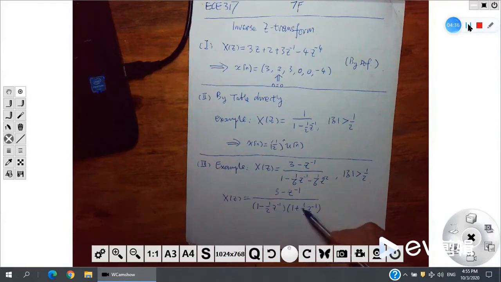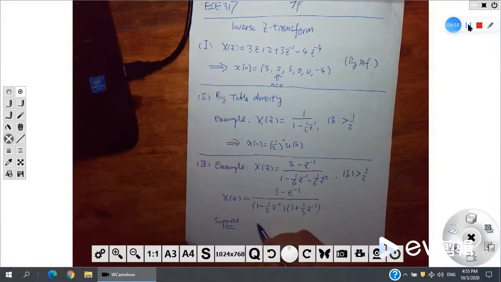So it's negative 1 half and positive 1/3. You add them together, you get negative 1/6. And the square term is a multiplication of these two, so it's negative 1/6 times z to negative 2.